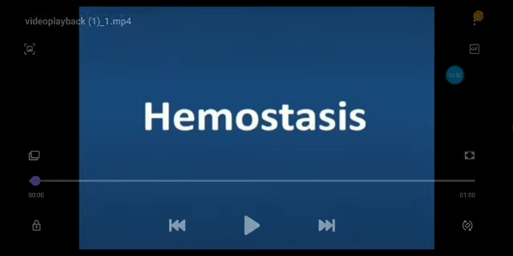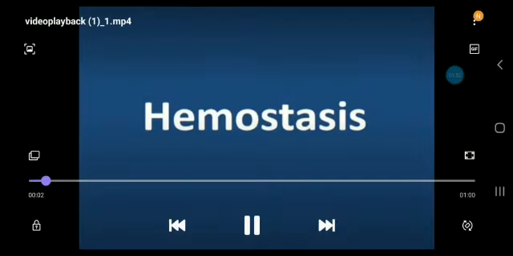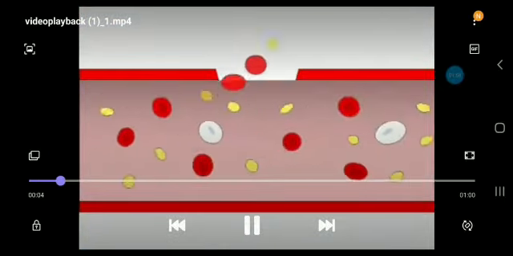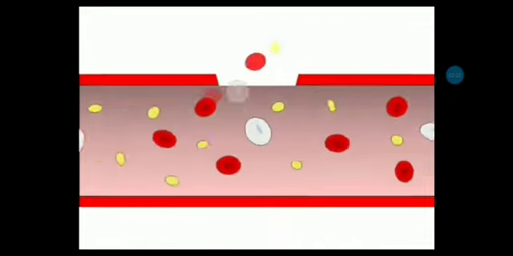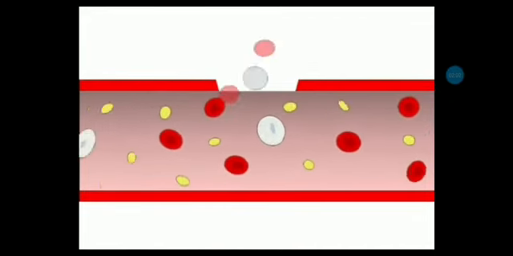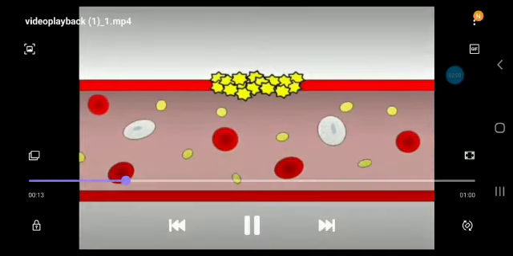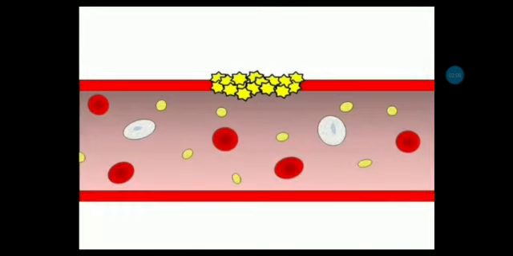Hemostasis. In this phase, when there is a cut in your body, it disturbs the normal blood flow and the blood comes out of your body. As you can see in the video, the red blood and white blood cells are coming out of your body. The yellow things are platelets which are plugging your wound.